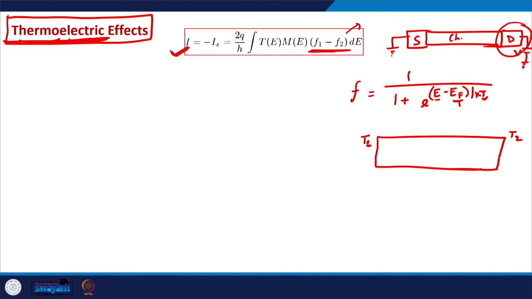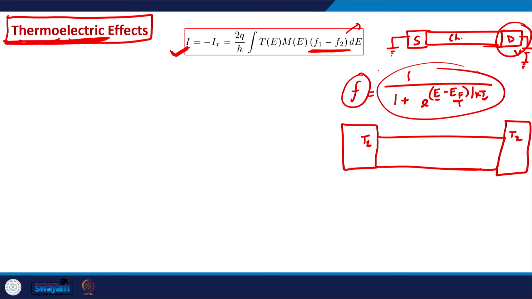Although the Fermi levels might be the same, because the Fermi level may not change, the Fermi functions will be different on the two terminals. In that case, at certain energy levels, F1 minus F2 may be non-zero, and current might flow in the conductor.